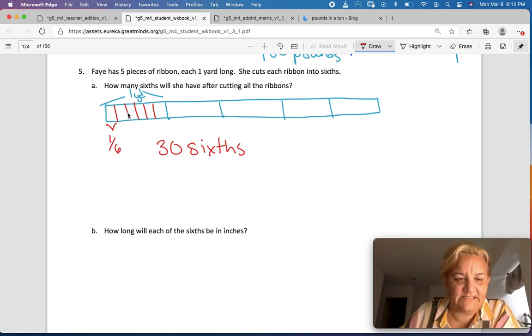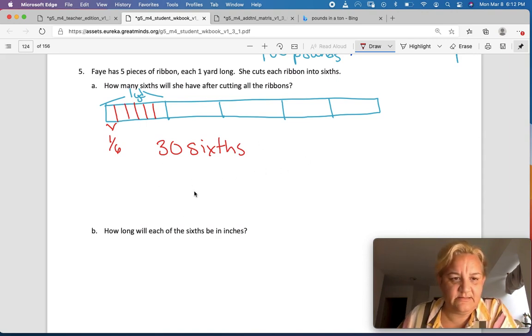So let's see, first of all, let's figure out how many they are in yards. One-sixth of a yard, right? That's what this is, 1/6 of a yard. And we want to know how much each of those will be in inches.